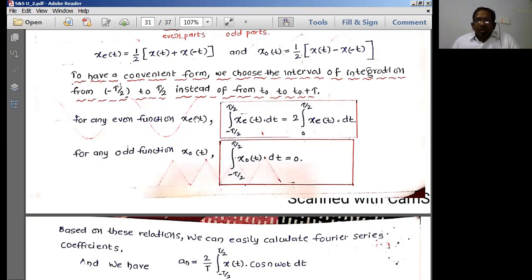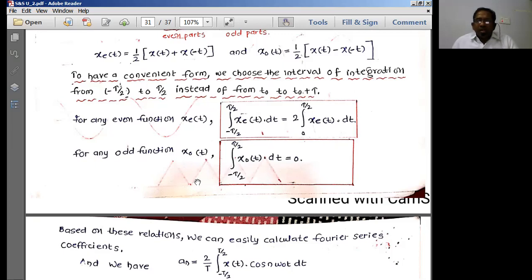That means the spectrum of the signal is going to be the same over the two different intervals. So I can write this equation as: expand this as integral of minus T by 2 to 0 xe of t dt plus integral of 0 to plus T by 2. Lower limit, upper limit, I can expand like that. It is going to be the same function once again. So I can simply write this as 2 into integral of 0 to T by 2.